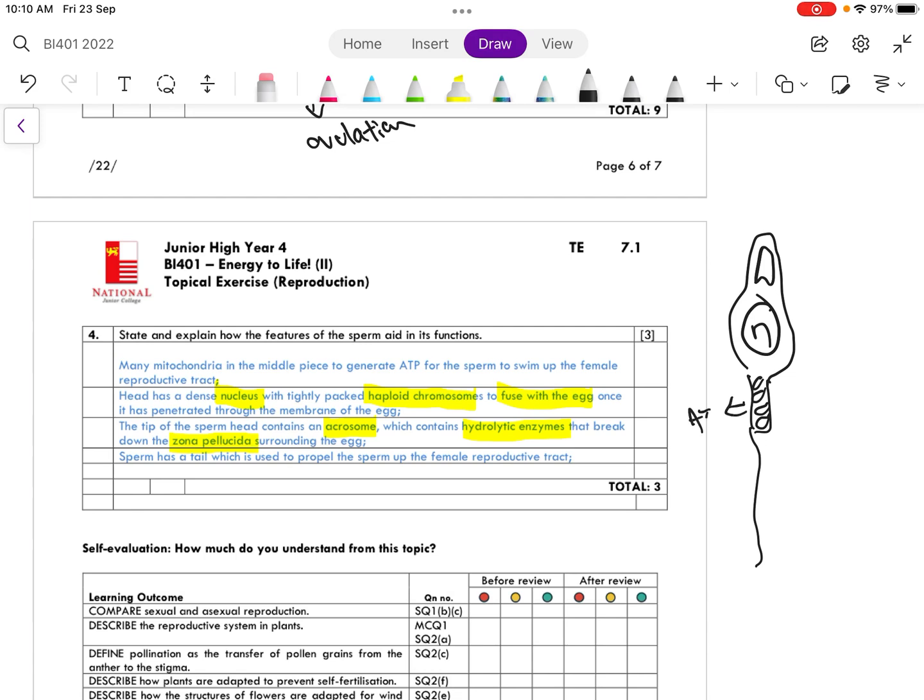The mitochondria are important so that ATP can be synthesized, so that the tail region can propel the sperm. So mitochondria generate ATP so that sperms have energy to swim. Last but not least, you can make mention of the tail itself. The tail is necessary to propel the sperm.